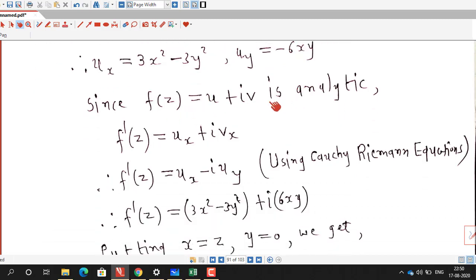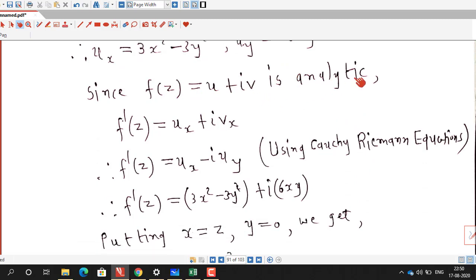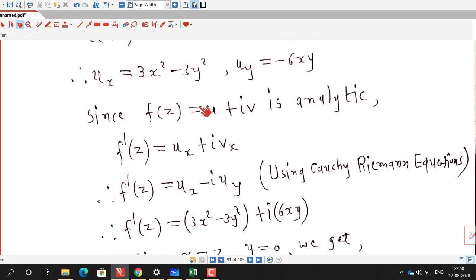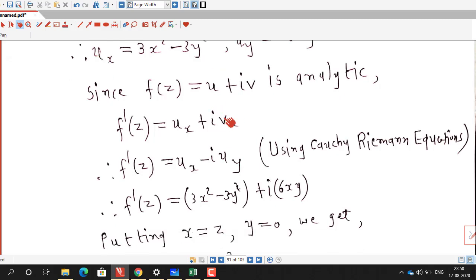Now it is given that f of z is analytic, therefore the function is differentiable, therefore f dash z is del u by del x plus i into del v by del x. Now u is given, so we replace del v by del x by minus del u by del y. We are using the Cauchy Riemann equation: del u by del y is minus del v by del x.